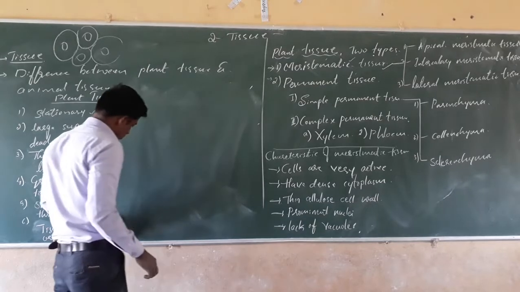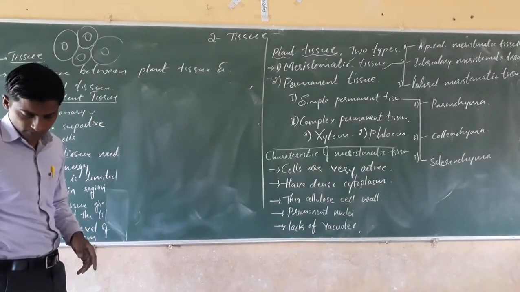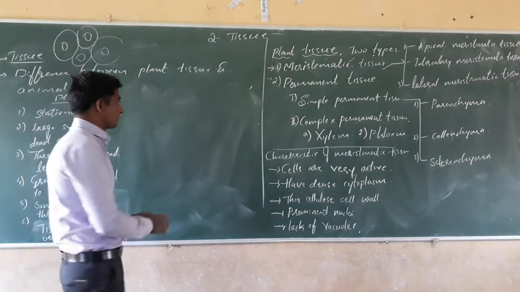The meristematic tissue is present at the root, shoot and stem.